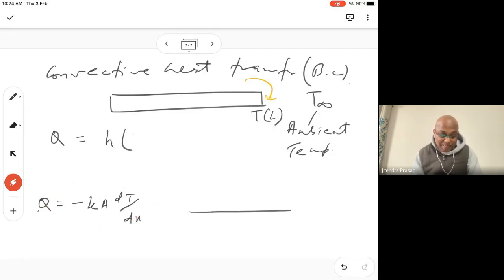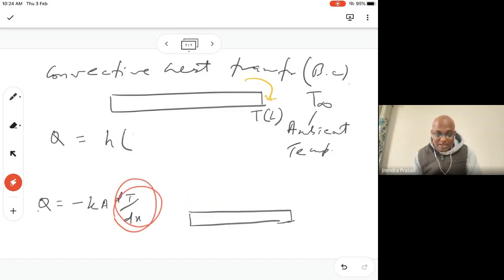The minus sign makes sure that heat flows from higher temperature to lower temperature. If the temperature gradient is negative, then the heat will be flowing in the x direction. Otherwise it will flow in the negative x direction. So the meaning here is that Q is positive.